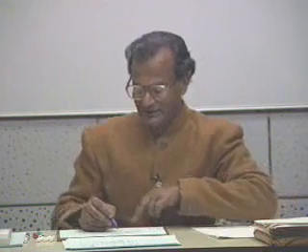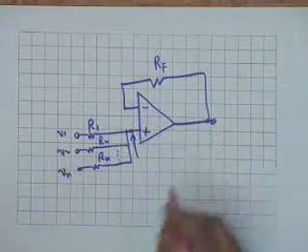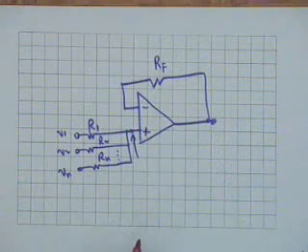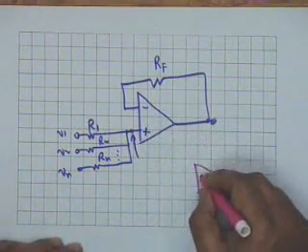What would be the gain from this point to this point? I have done this configuration a minute ago. What will be the gain from this point to this point? The gain is +1. Don't you see that this is the same circuit as this?